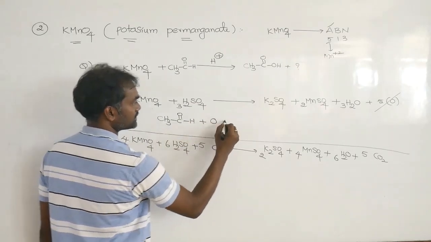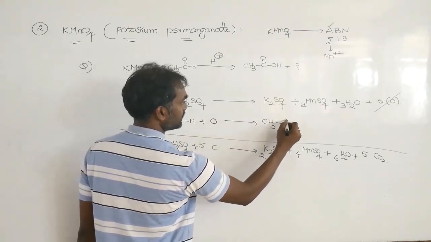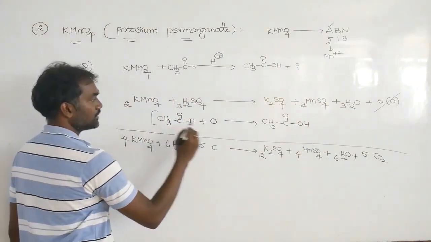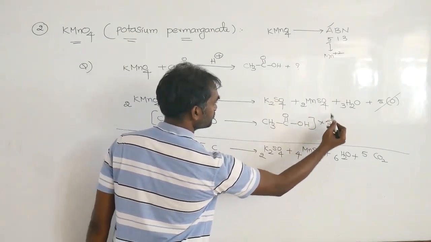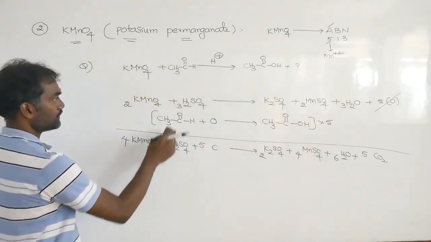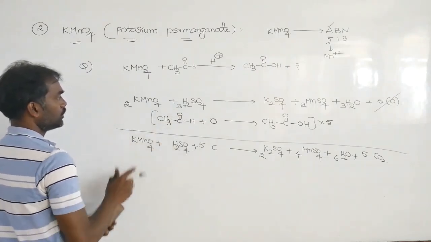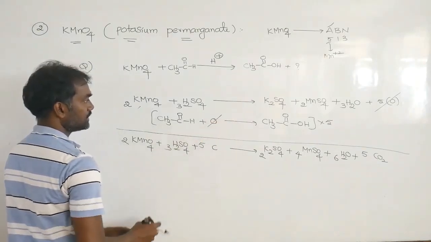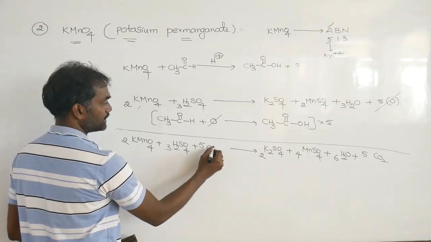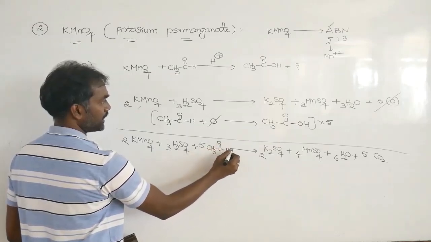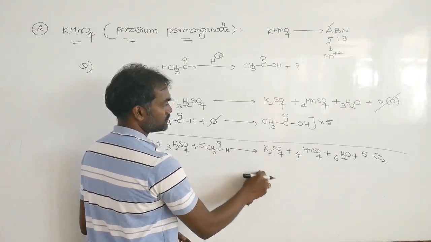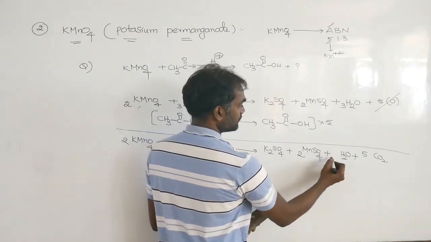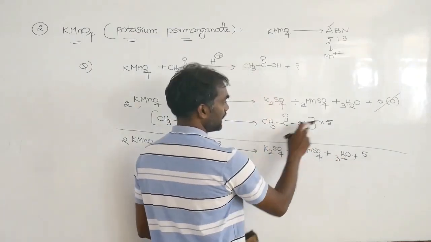Now utilize one oxygen, you are getting CH3COOH. So for balancing it is multiplied with 5. So now instead of 2 KMnO4, 3 H2SO4, 5 cancel, you are getting 5 aldehyde, CH3CHO. Here K2SO4, MnSO4 is 2, water is 3. Next, acid is 5.